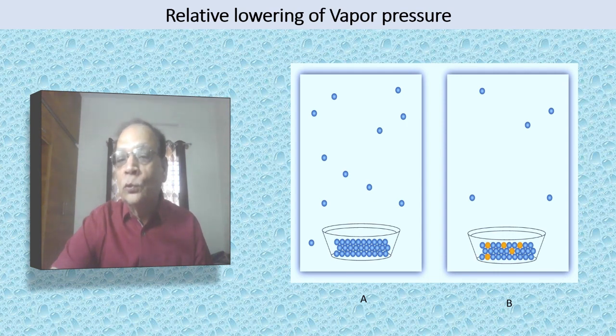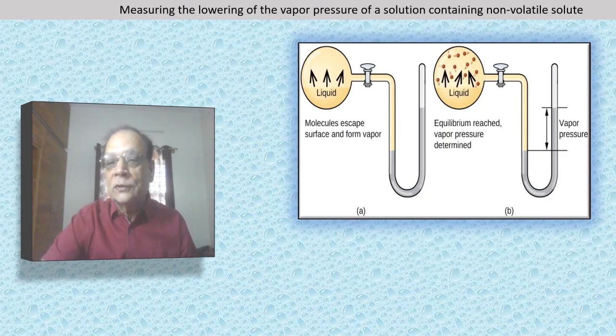Now let us go towards quantifying these quantities. You can see the liquid attached to this manometer. This is the manometer, and this is mercury filled in the two arms of the manometer.